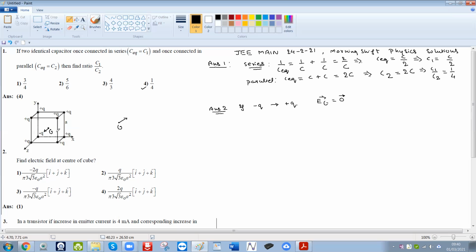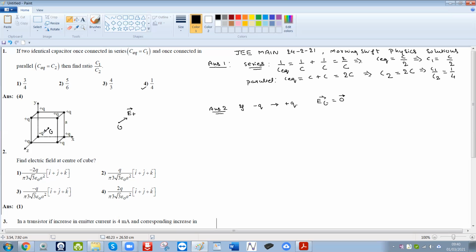Okay. That means this will be the field at centroid due to a plus q charge placed at origin.